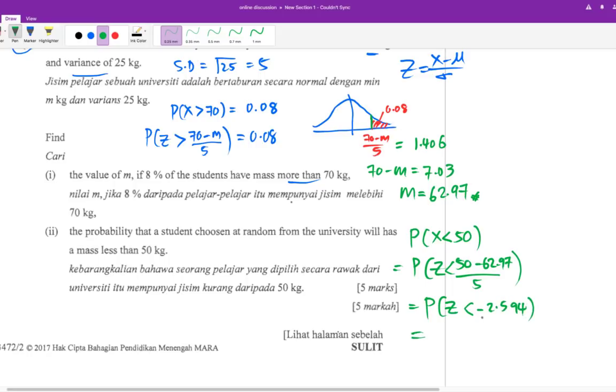For this topic, if you see less than and negative together, you can just change it to the bigger, 2.594. Then you straight away find this value from the table. 2.5, and then I go for the 9, and I go for the 4.